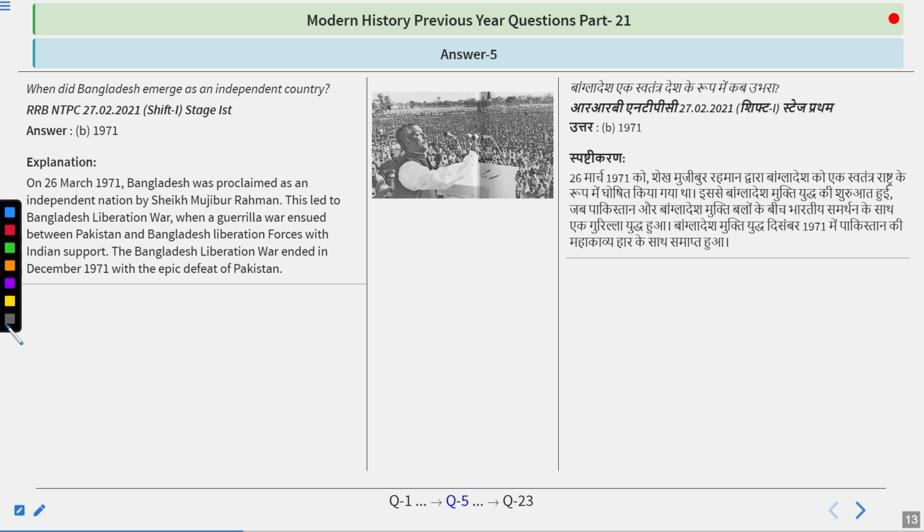The Bangladesh Liberation War ended in December 1971 with the epic defeat of Pakistan. After that, Bangladesh was separated from West Pakistan, and Bangladesh got independence. The national anthem of Bangladesh, Amar Sonar Bangla, was written by Rabindranath Tagore.